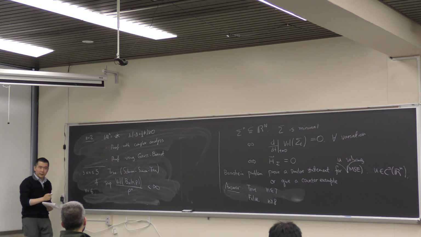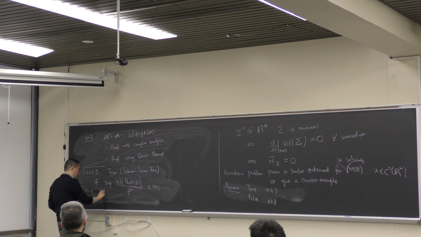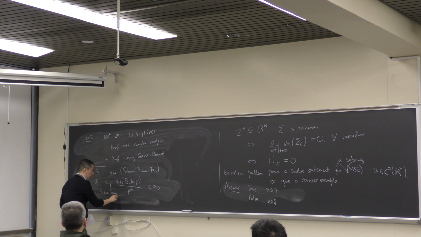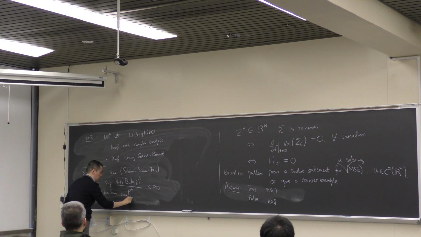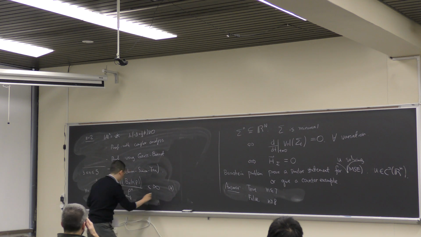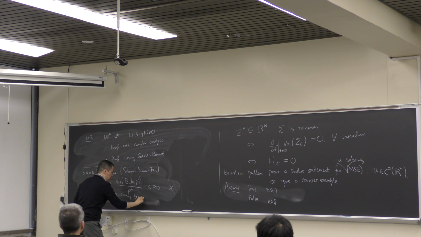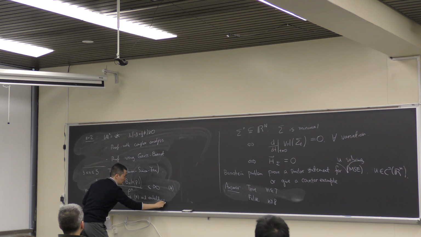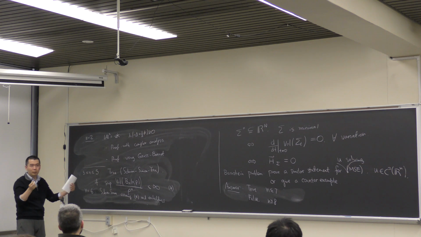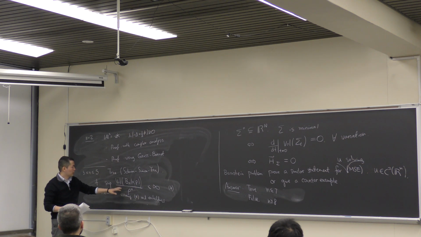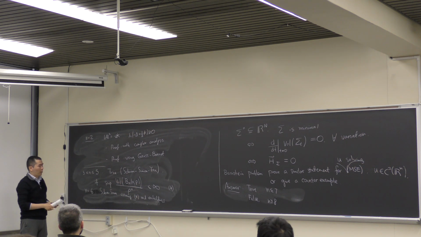When n is 6, it's also true. It's done by Schoen-Simon originally, assuming this volume growth and embeddedness. So for an embedded stable minimal surface with the volume growth, it's also true.